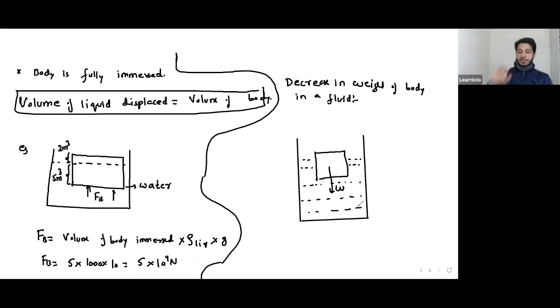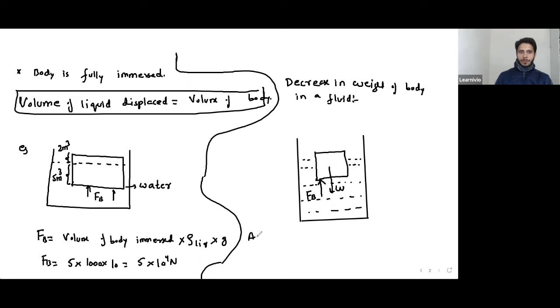So this liquid will exert some buoyant force on the body, and this buoyant force is Fb. Due to this buoyant force, the net weight will decrease, because weight is acting in downwards direction, buoyant force is acting in upwards direction.